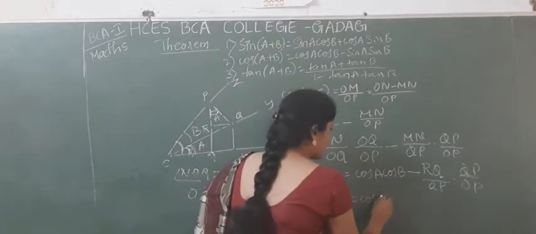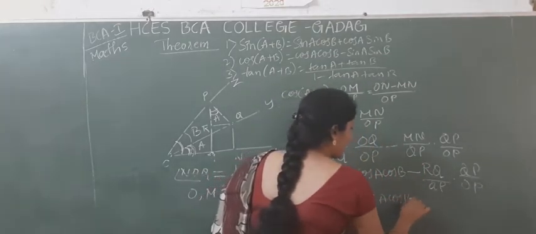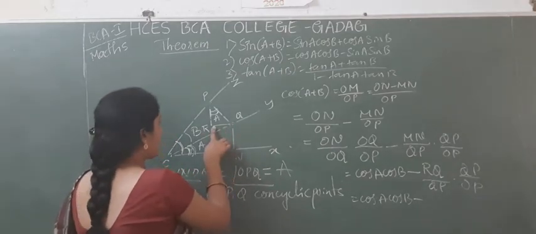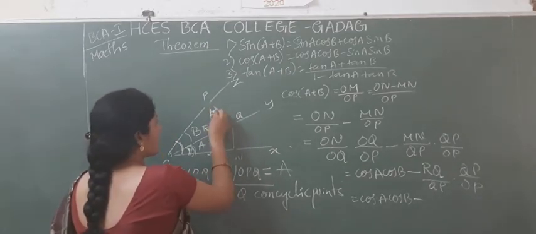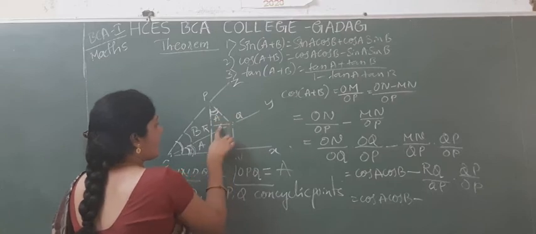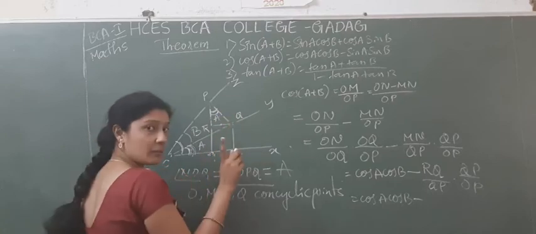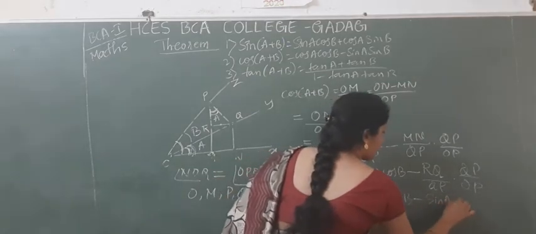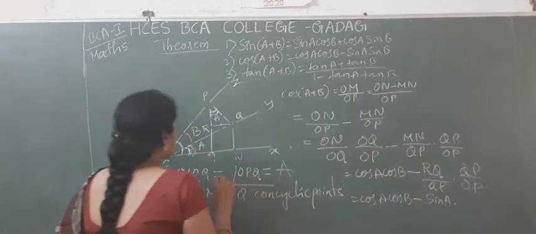Now let me write this again. Cos A cos B minus, what is RQ? RQ divided by QP means for this angle it is opposite. Opposite divided by hypotenuse is nothing but sine. Hence it is sin A into QP.